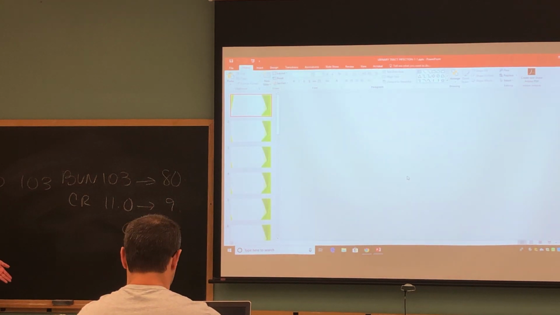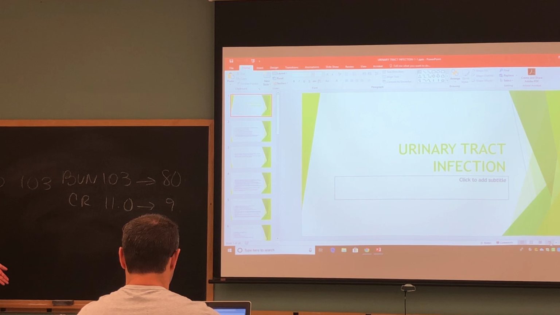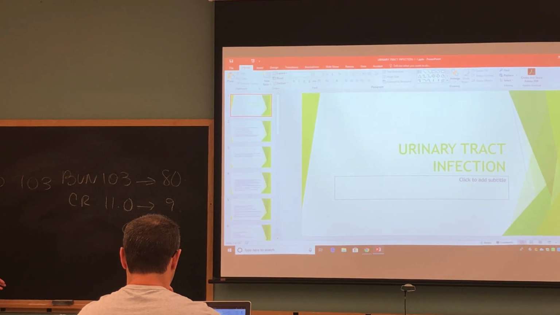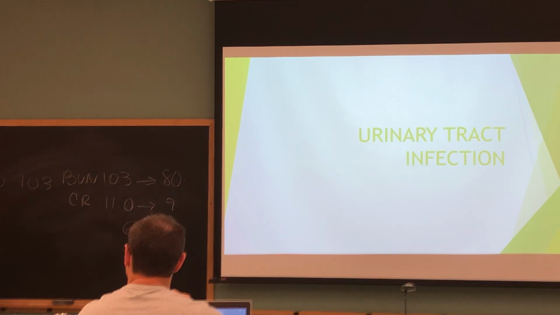We can do it. Renal artery stenosis is longer. That's the longest one, that will be next week. But we can do UTI. It's only 20 slides. So we can only have one and practice.